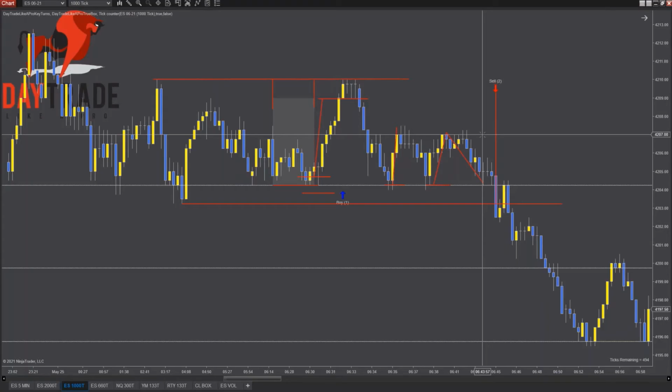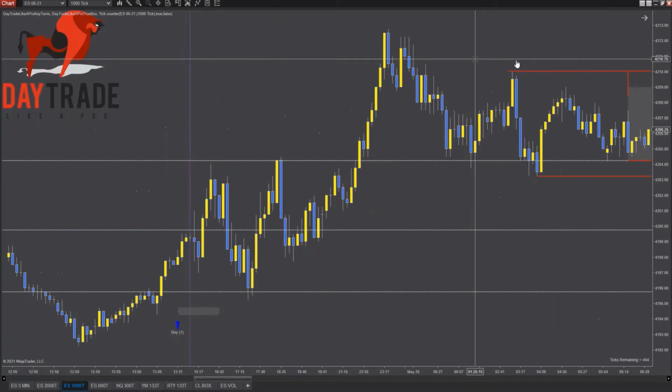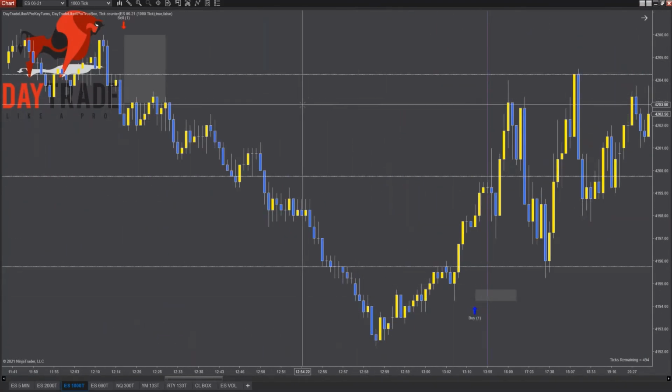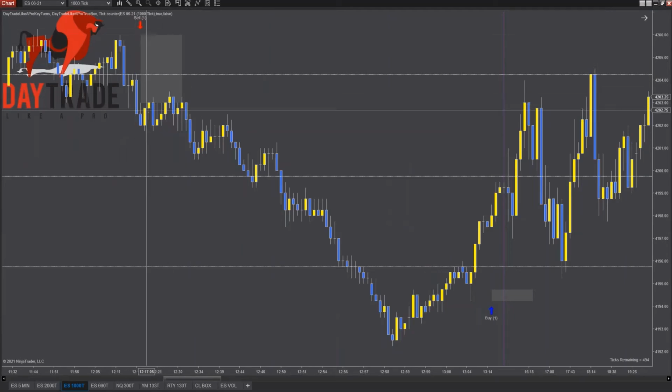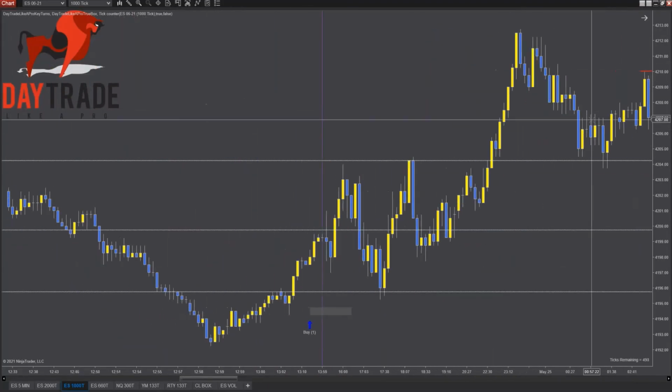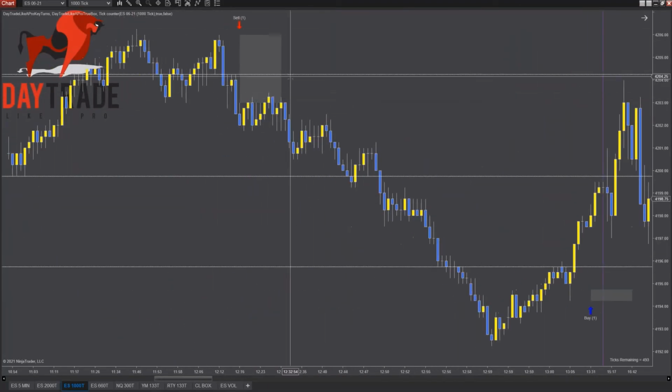Yeah, I don't have a hard and fast rule, but we'll talk about this in a minute because we get those kinds of things. Let's say this didn't ever happen over here. I'm not really trading what's happening over here based on what happened over here. It's a momentum trade.